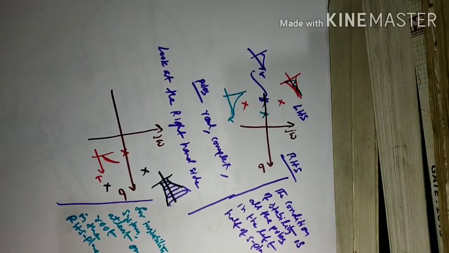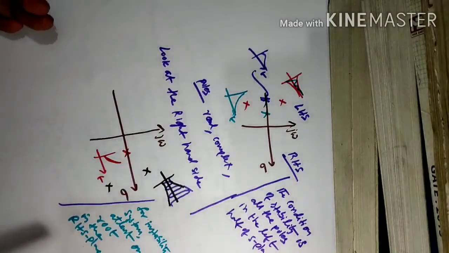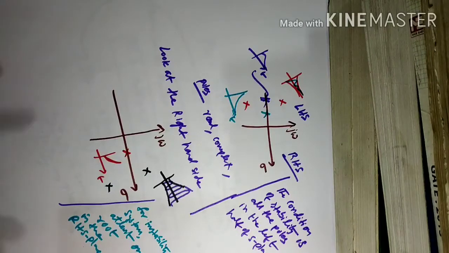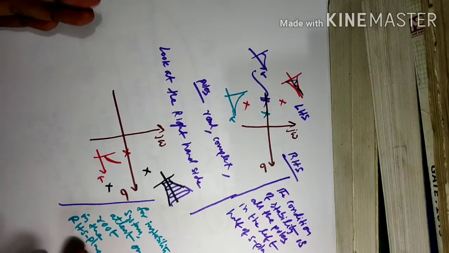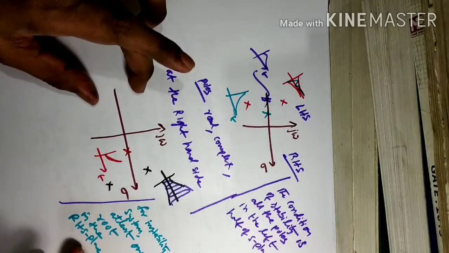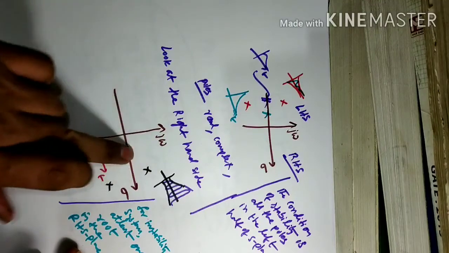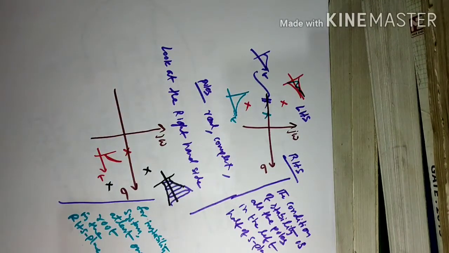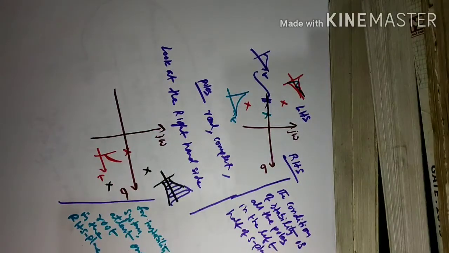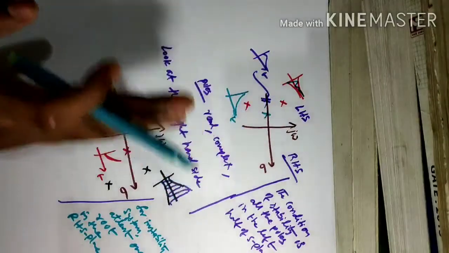Okay, so in this case the system is unstable. Again, the instability definition: if all the roots lie in the left half of the S plane but one pole is lying on the right side of the S plane, then in that particular case the system is unstable. Now we have seen the right half and the left half of the S plane.